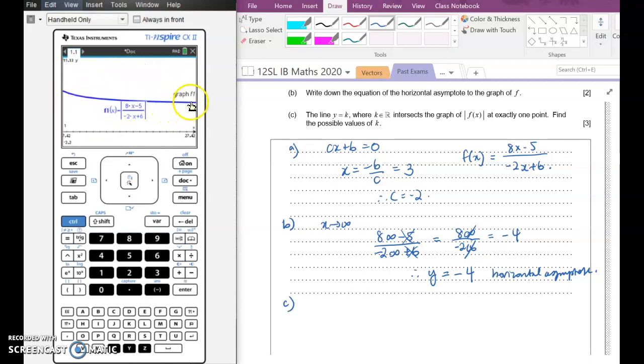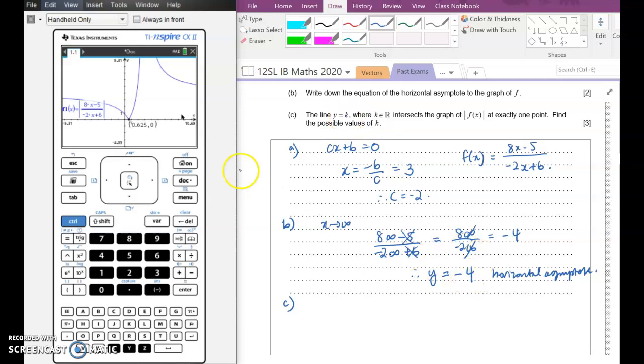The asymptote, you remember, was y equals k, which is -4. So when I took the absolute value, it flipped the -4 to become a +4. So that line should intercept y equals 4, whereas this one won't.